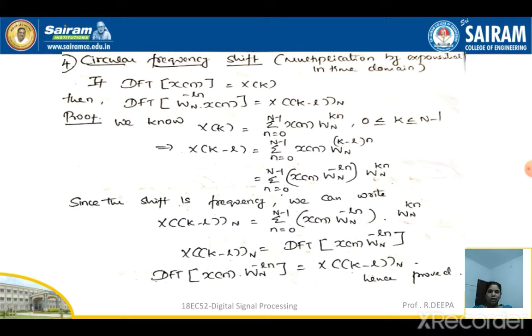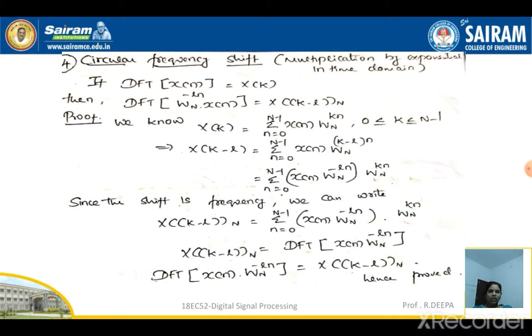Replacing it and segregating W_N power of (k minus l) into n, we get the expression as summation n equal to 0 to N minus 1 x of n W_N power of minus ln multiplied with W_N power of kn.